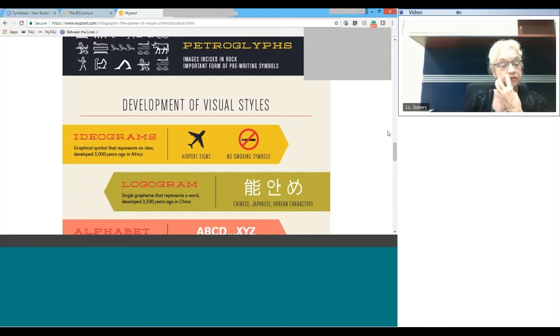A term which I wasn't familiar with until I saw this is ideograms, but it indicates that a graphic symbol that represents something was developed 5,000 years ago. The two images that we see there are more recent ones.